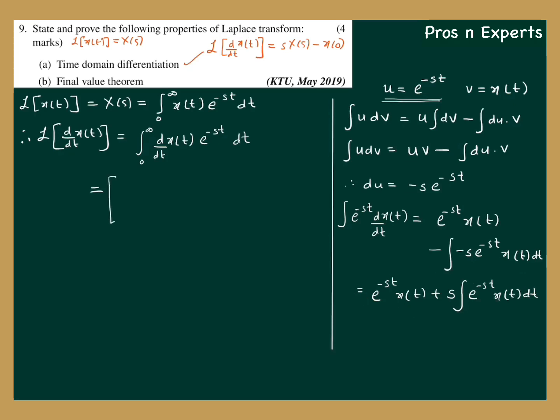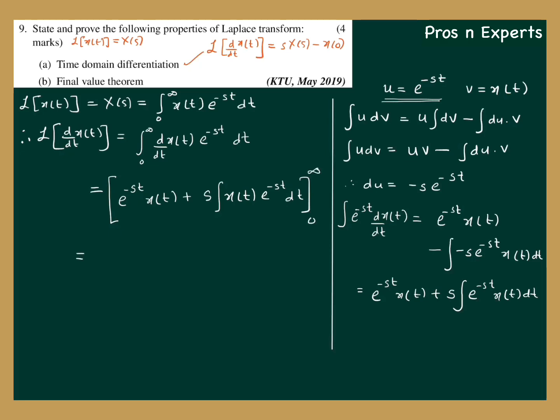So under the limits, e raised to minus st into x of t plus s into the integral of x of t e raised to minus st dt. The limits will be 0 to infinity. Now let us put on the limits.